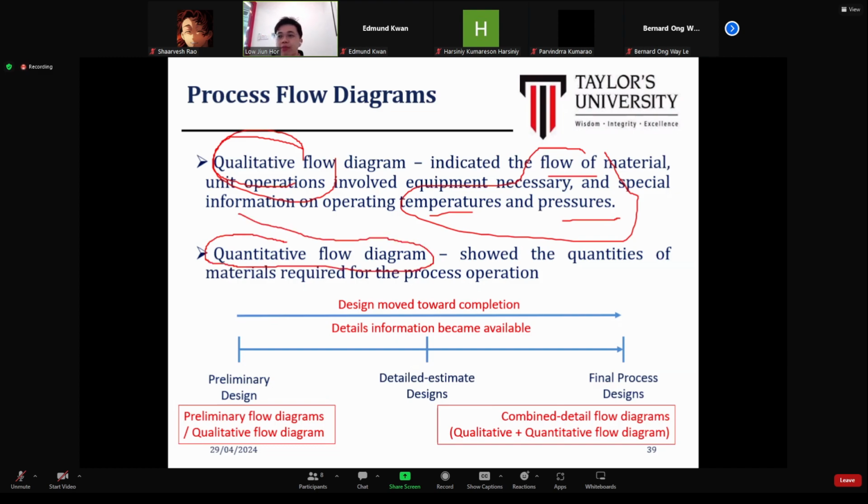Directly from the process flow diagram, we can then know the amount of material and energy that we are going to handle in each unit operation and in each process stream, and also the operating condition. This is what we call providing qualitative and quantitative information, before we proceed to finalize our design.